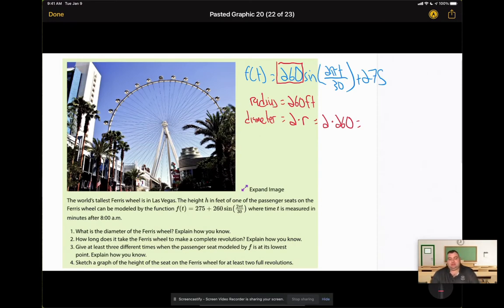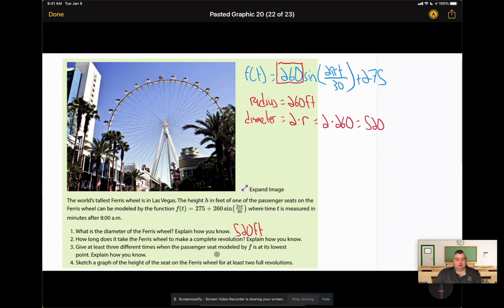So 2 times 260 is going to be 520. So to answer number 1, what is the diameter of the Ferris wheel? The diameter of the Ferris wheel is going to be 520 feet.